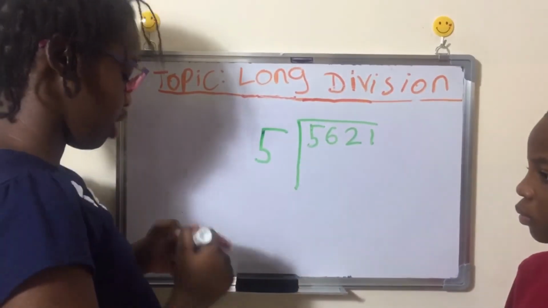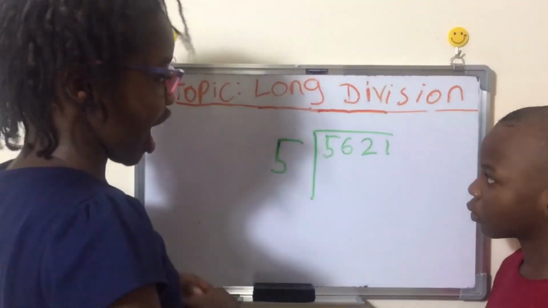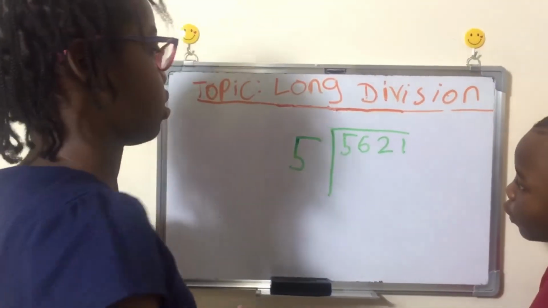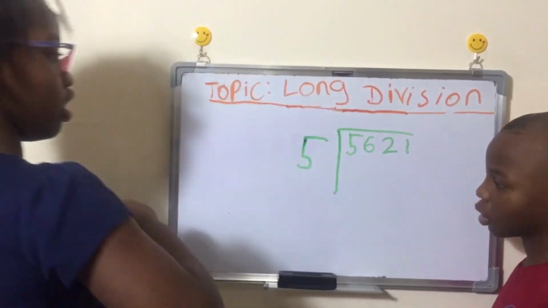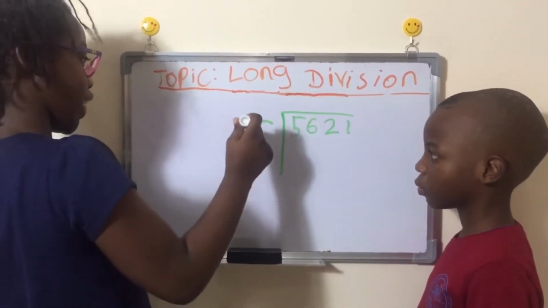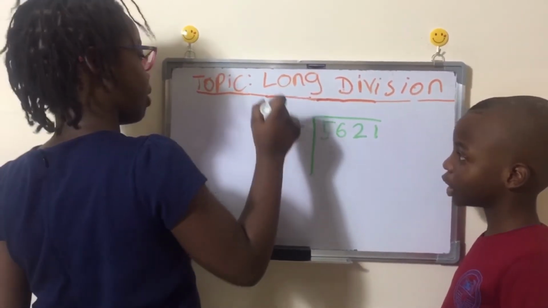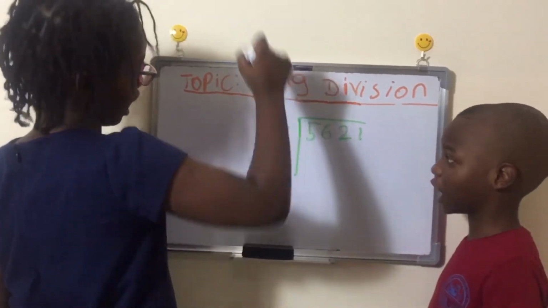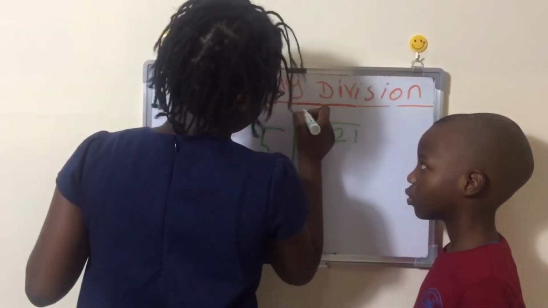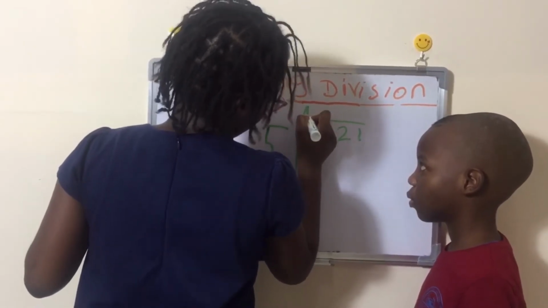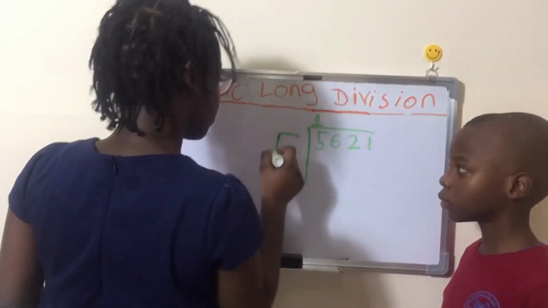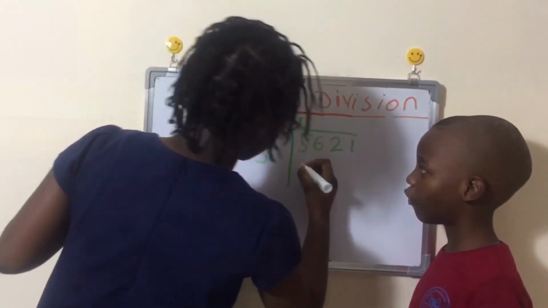so we have 5,621 divided by 5. So first we have to do 5. How many times can 5 enter 5? And we know that's 1. Once. So 1 times 5 is 5.